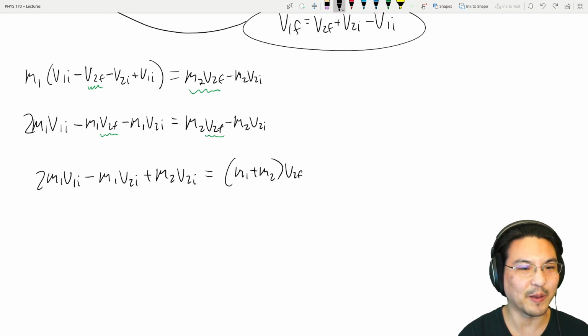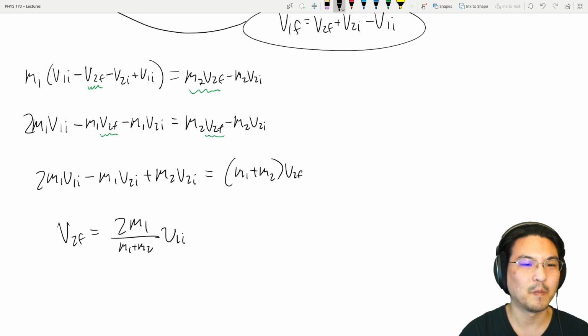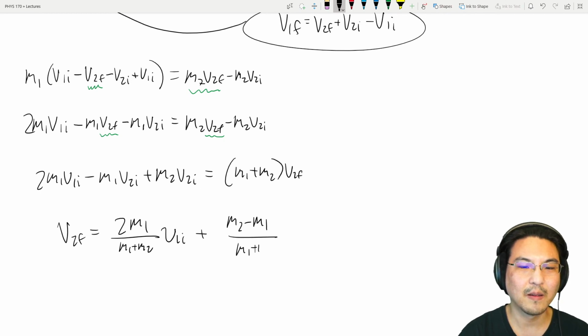And let's see, let me gather some terms over here. So, okay, so for V1, I got 2m1 over m1 plus m2 v1. And then, let's see, right here, plus m2 minus m1, like just looking at this, v2 initial. So here we go.